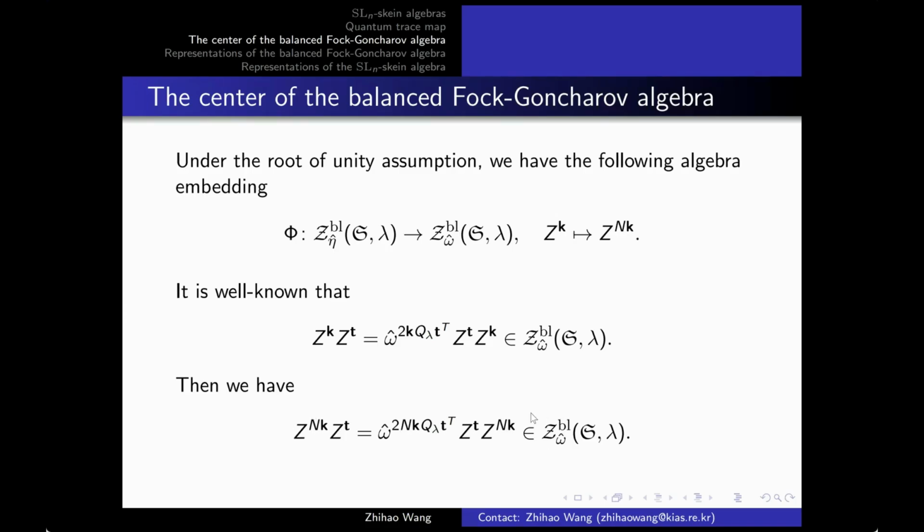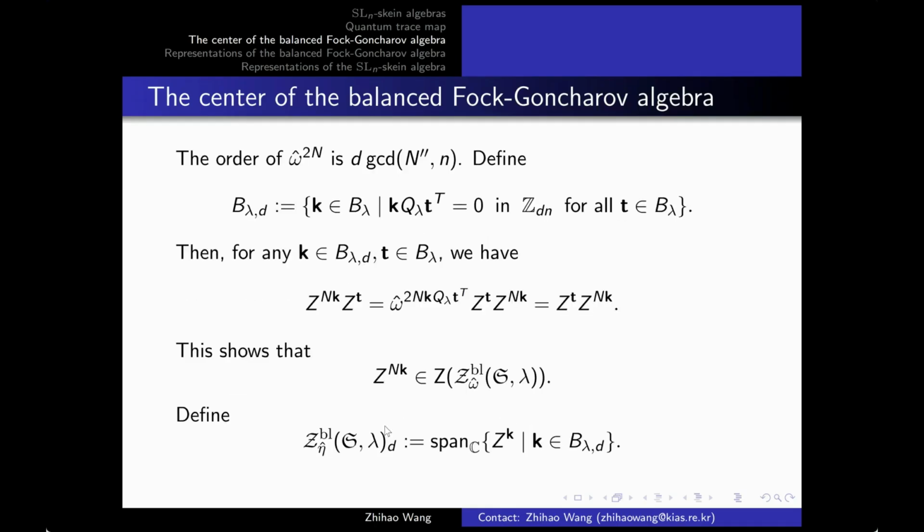And then we have this relation, because now it is n times k. So we know that this guy is a root of unity. So this omega bar to the power of 2n is a root of unity. So let's look at its order. The order of omega bar to the power of 2n is d times this guy.